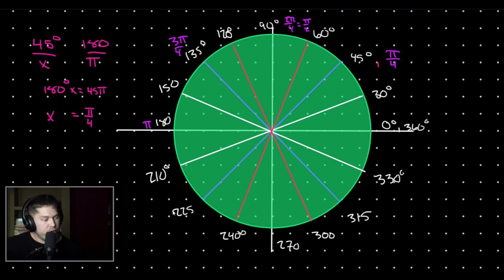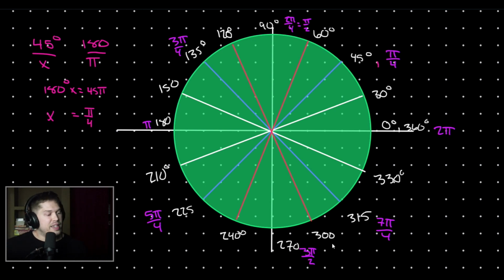Then we have 225. That's going to be 5 pi over 4. Then we have 270. This is 6 pi over 4, which simplifies to 3 pi over 2. Then we have 315, which is 7 pi over 4. And we have 360 degrees, which is, of course, 0 radians or 2 pi.